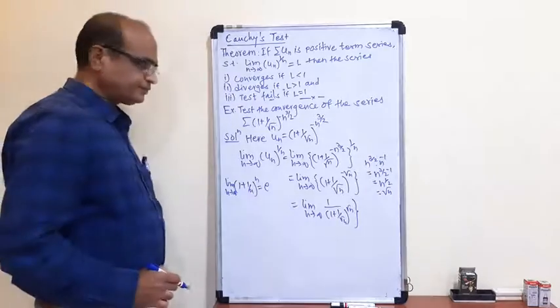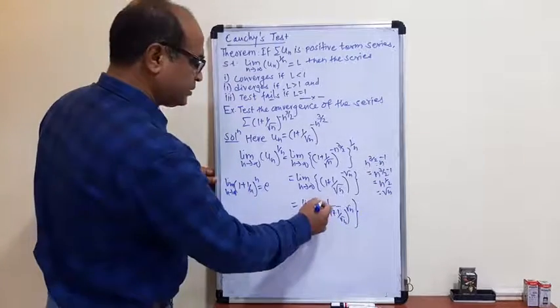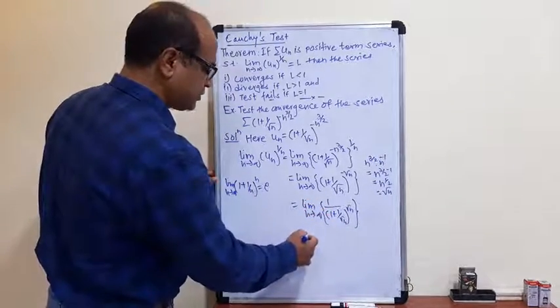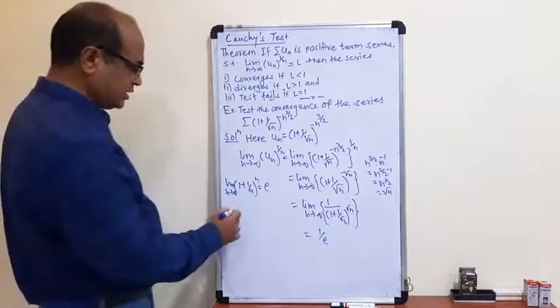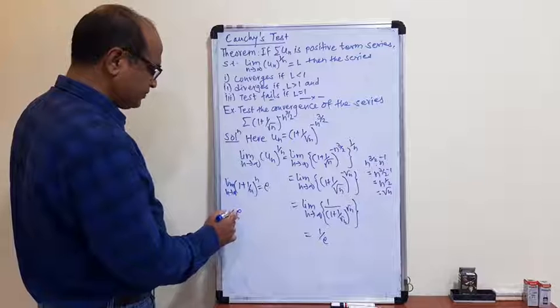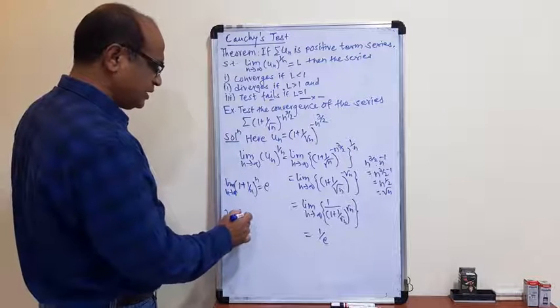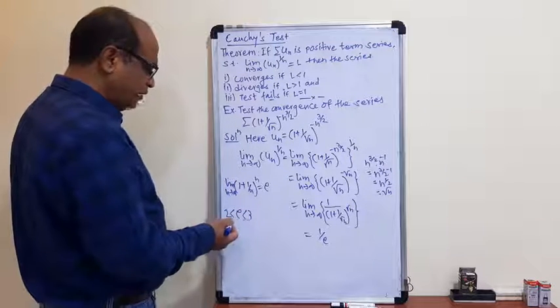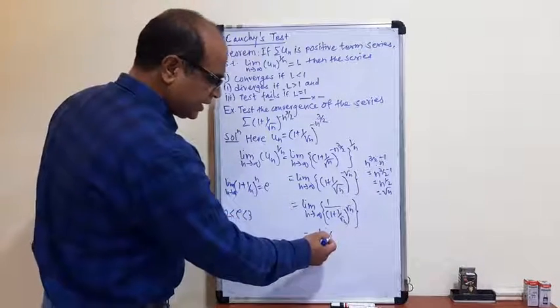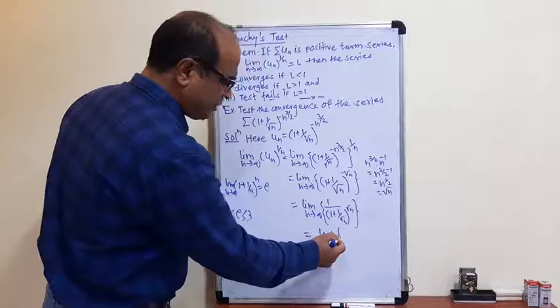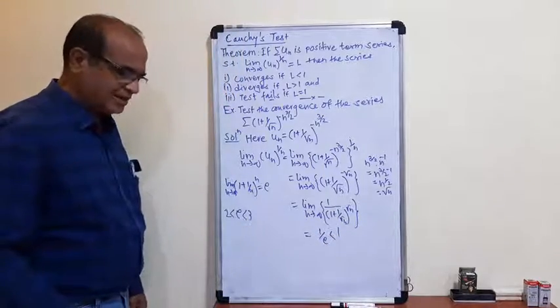So the limit of this is 1 upon e. But e is greater than 2, less than 3. So the value of e lies between 2 and 3. So clearly 1 upon e is strictly less than 1.